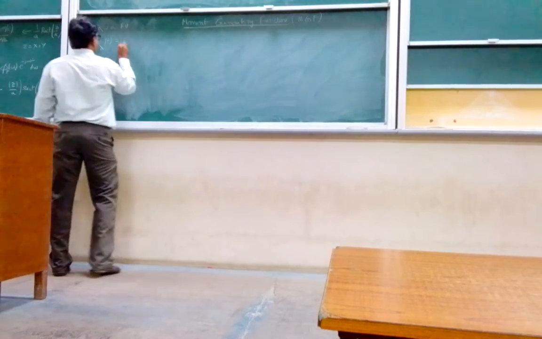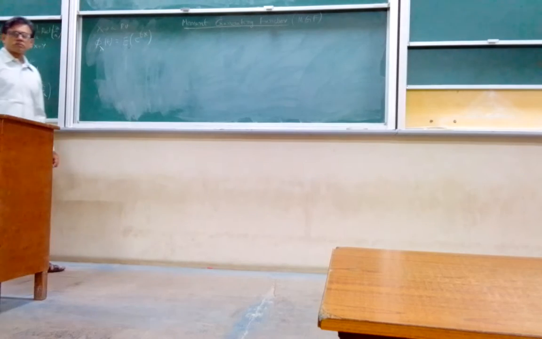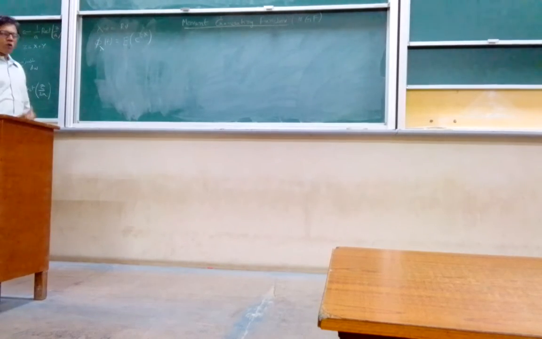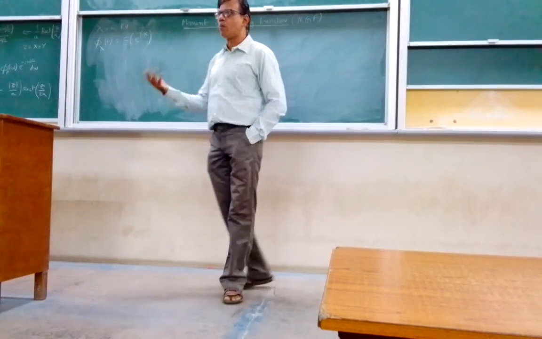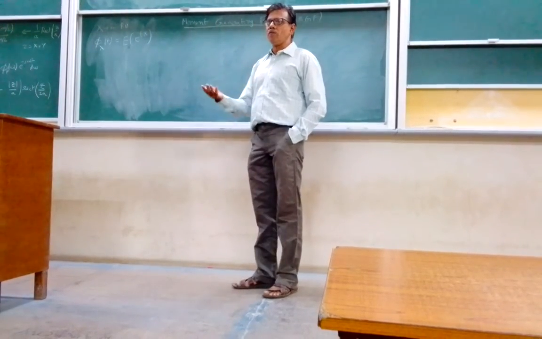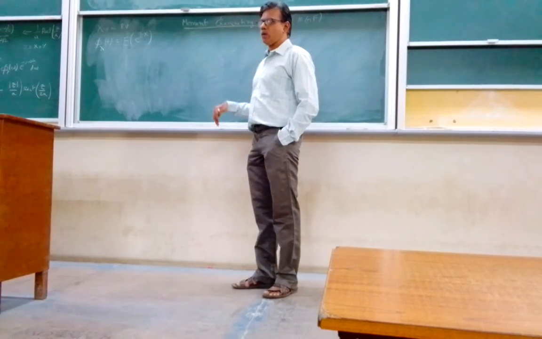To define it, it is the expectation of e power of tX. And then we looked at how this can be of use to derive different moments. In particular, the mean and variance can be easily obtained from this.